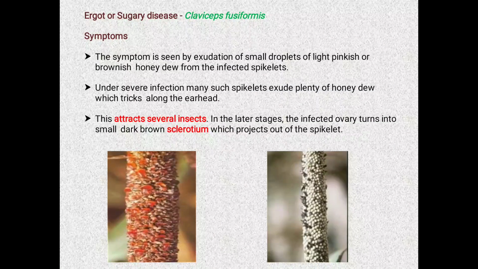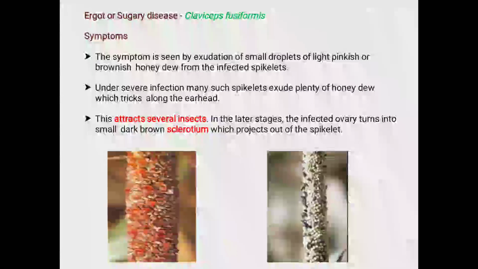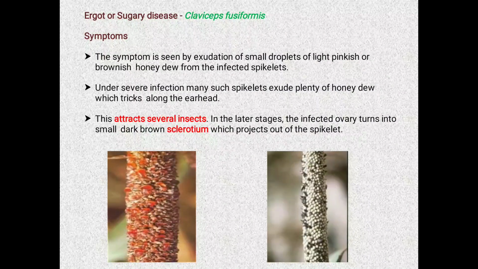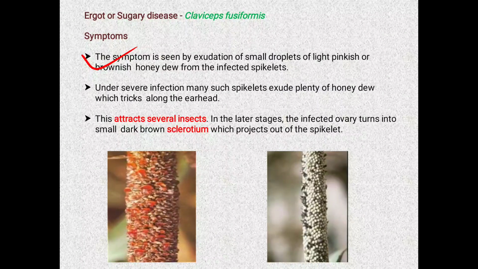Symptoms. The symptoms are seen by exudation of small droplets of light pinkish or brownish honeydew from the infected spike. This is very important. This is a characteristic symptom because there is the production of honeydew-like structure, and due to this honeydew-like structure, there will be a production or emergence or infection of black sooty mold.